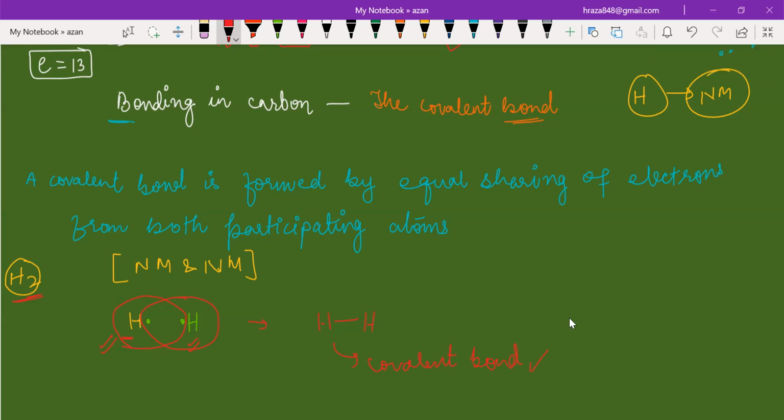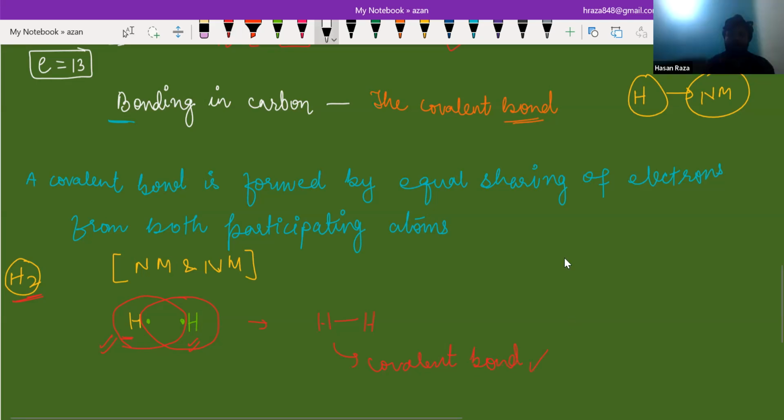Yes, sir. Now see, if you have O2, there are two oxygens in this O2, and it will have an electron dot structure like this, because oxygen has 6 electrons in the outermost shell. In order to balance itself, it requires 8 electrons, so it will share 2 electrons with this oxygen.